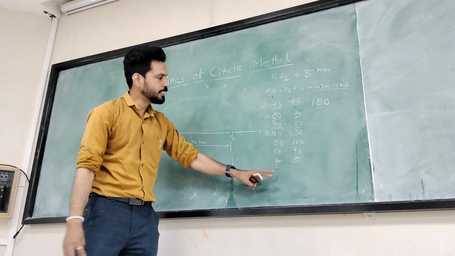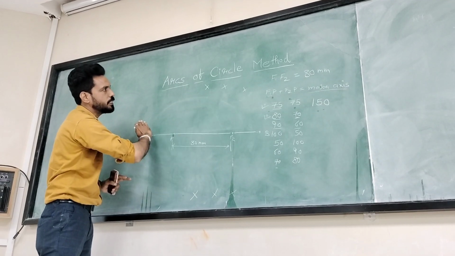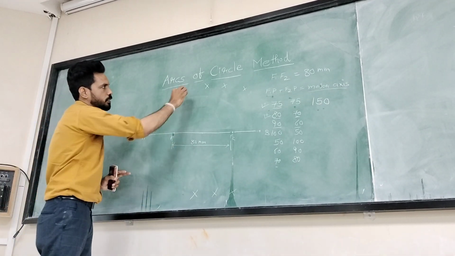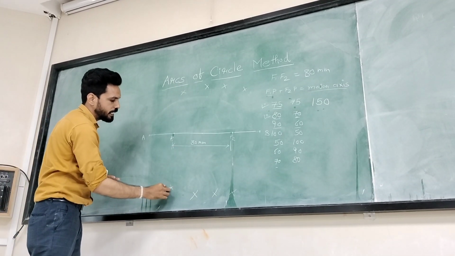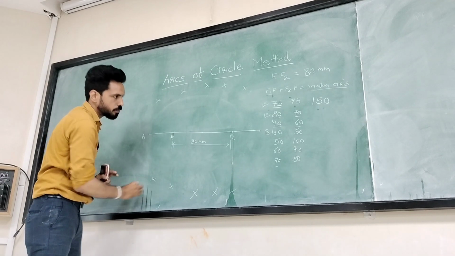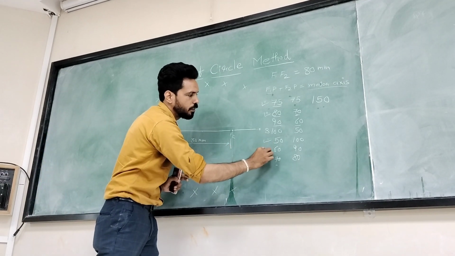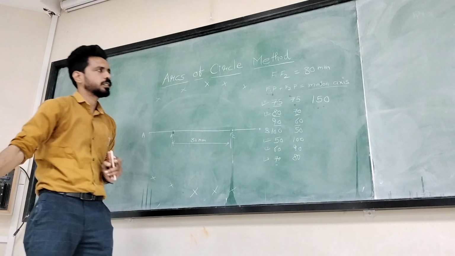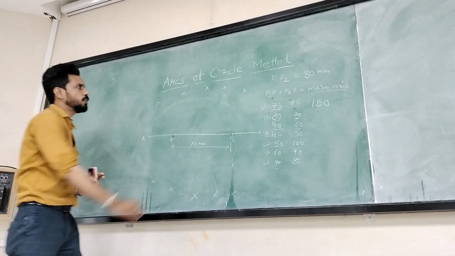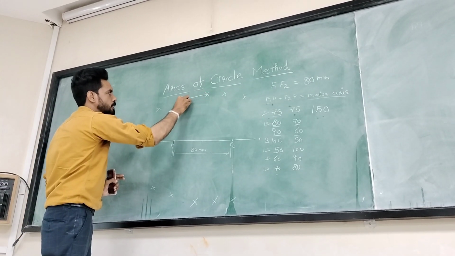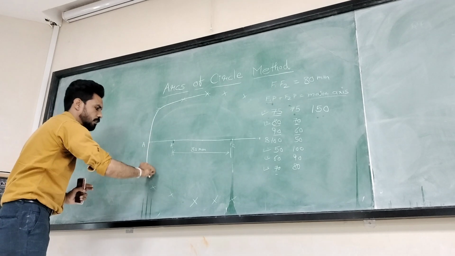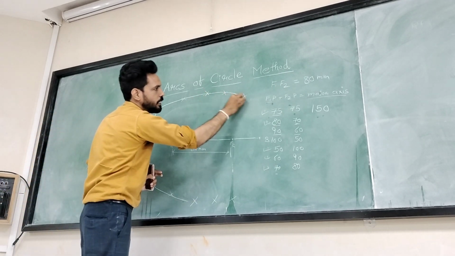So by doing this we will get points on this side of the arcs. So here also we will get the arcs for these combinations. Okay. And now if we join all these points, you will get the ellipse.